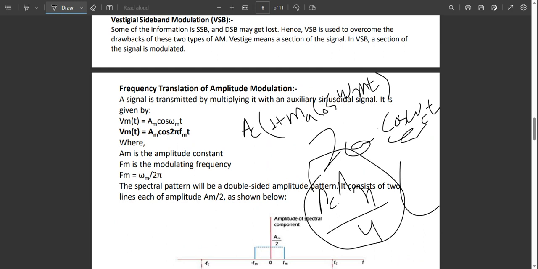Now we know power equals Vrms into Irms. Here Vrms equals V0 by root 2 into 1 by R, where V0 equals Ac, the amplitude of the carrier signal. The result is Ac square by 2R.